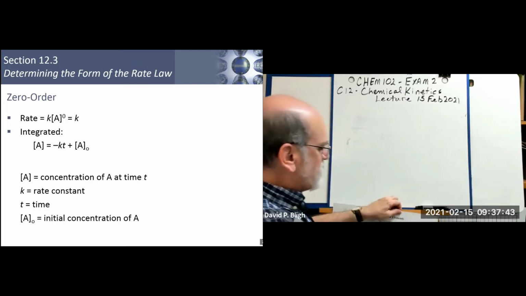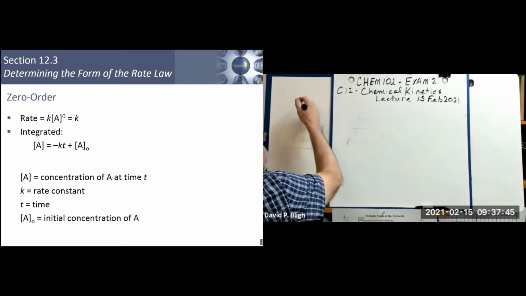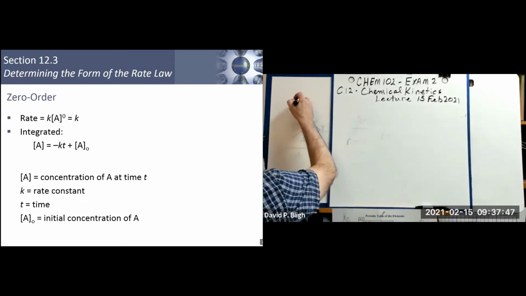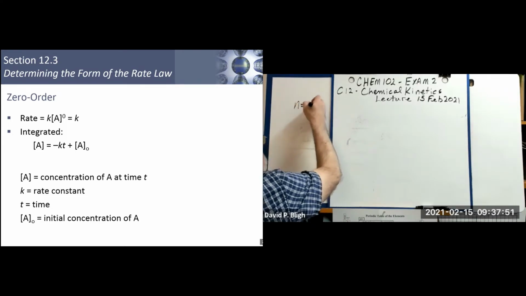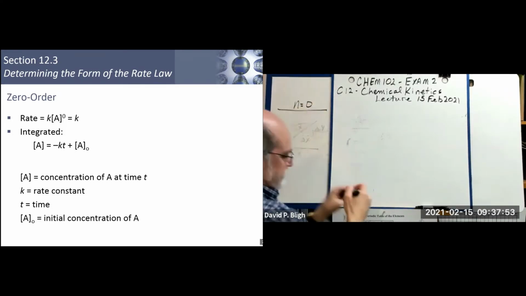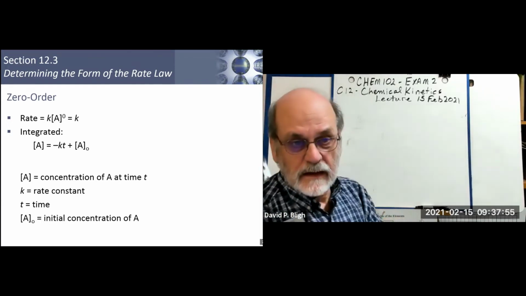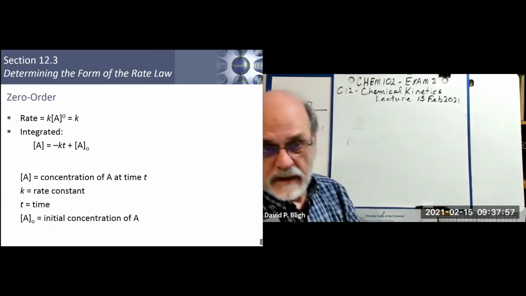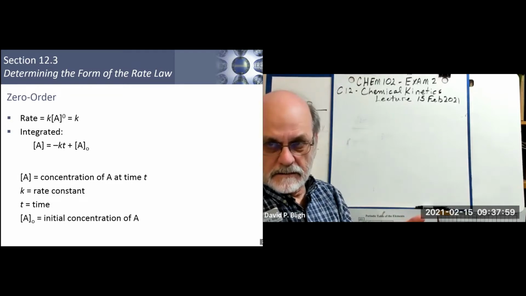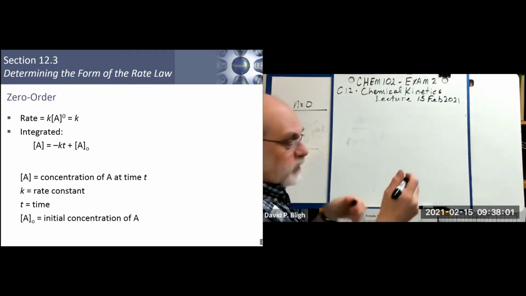Okay, the 0 order. N equals 0. For that, the differential rate law would be simple.